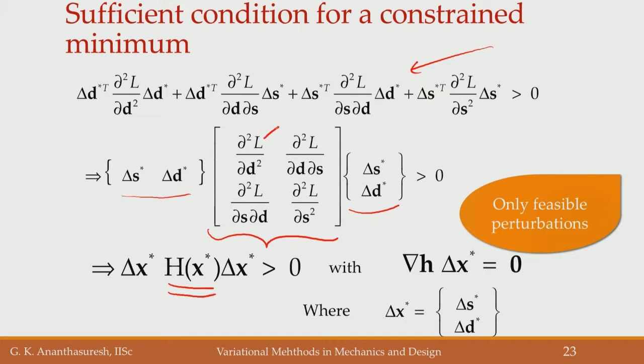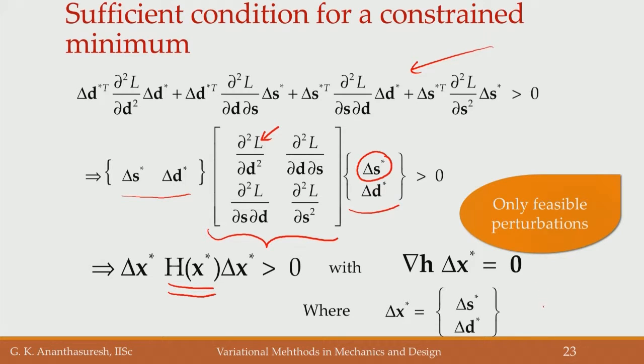So, notice that it is L, not the objective function but the Lagrangian, that should be greater than 0. But again remember that these cannot be arbitrary. Only delta d star, that is only n minus m of those, can be arbitrary, the other ones depend on those.